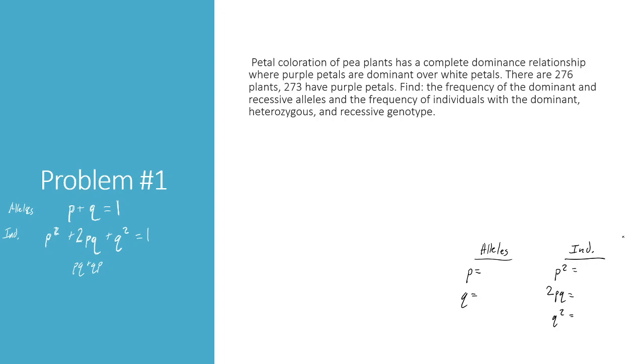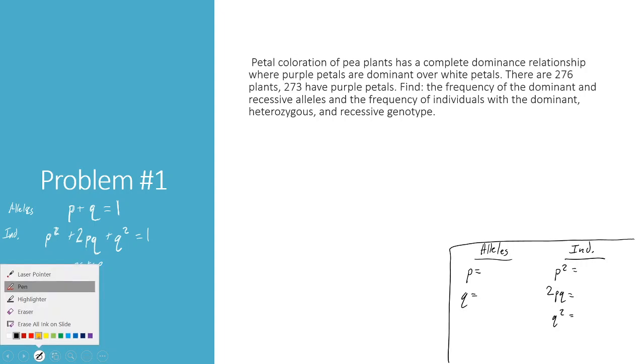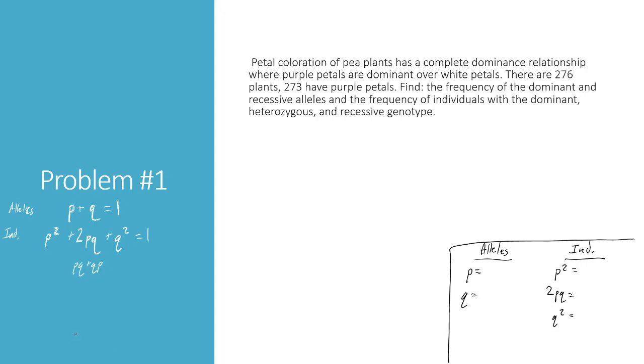Okay, so now we can go ahead and look at what the problem is actually asking us. So we're talking about pea plants, and we have some information about the number of plants that have purple petals. So 273 of them have purple petals. That means that 273 of them have either the homozygous dominant condition or they have the heterozygous condition.